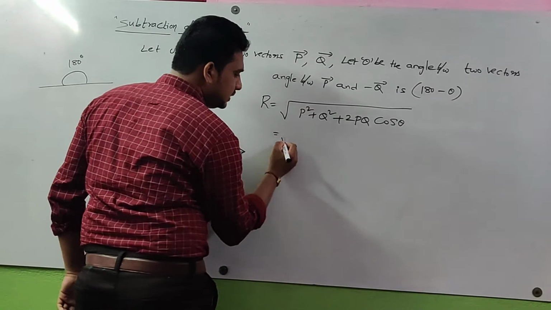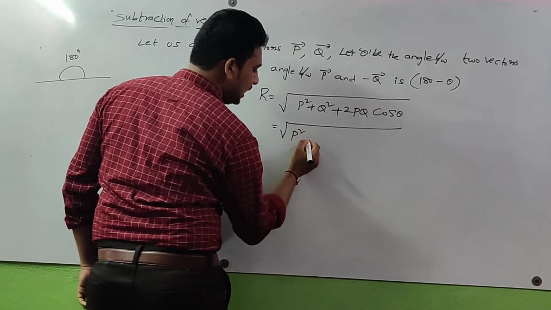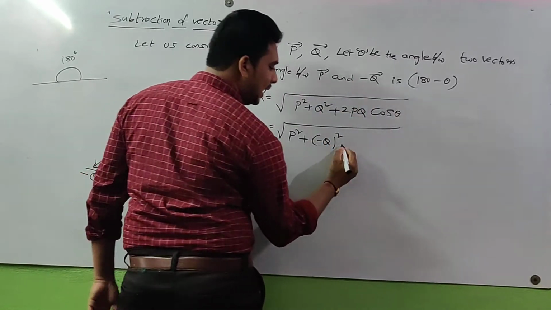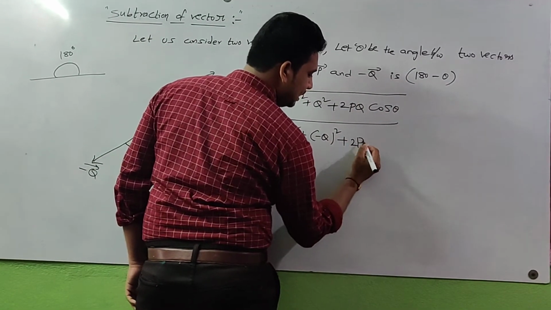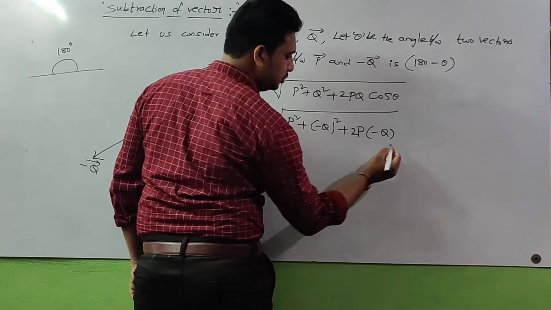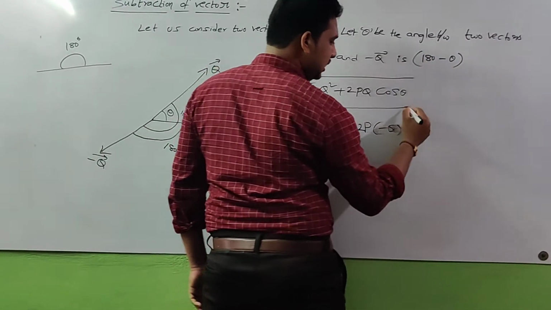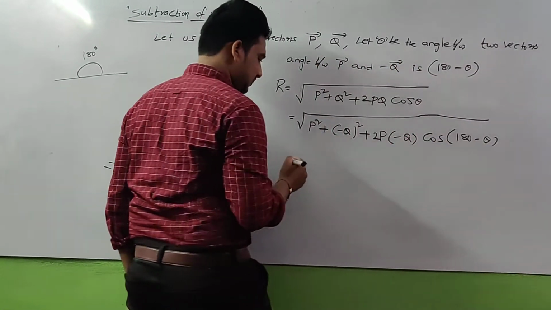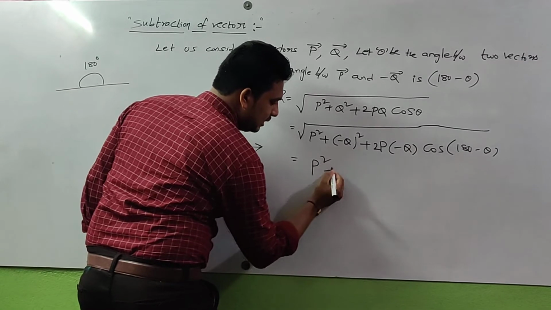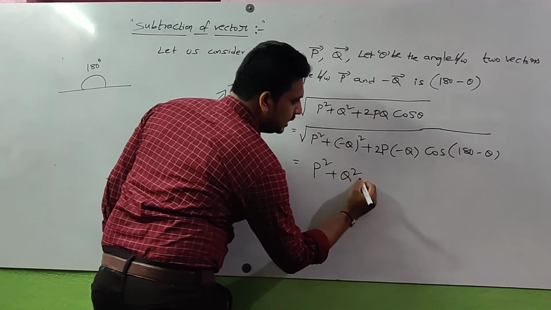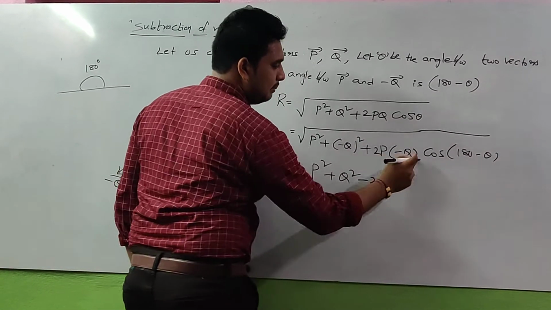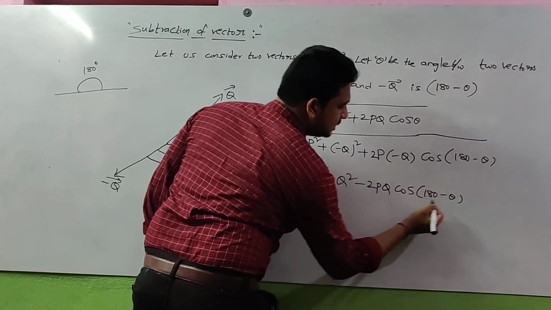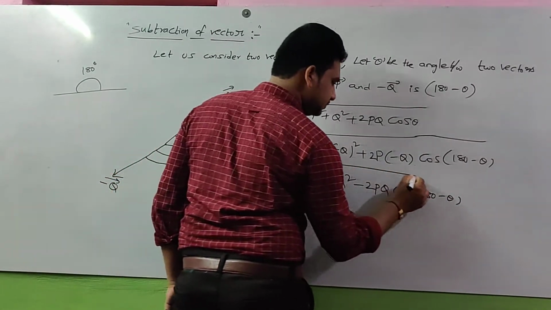That means p square plus minus q whole square, plus 2p into minus q cos, where theta is 180 minus theta. Then we get p square plus q square minus 2pq cos of 180 minus theta.